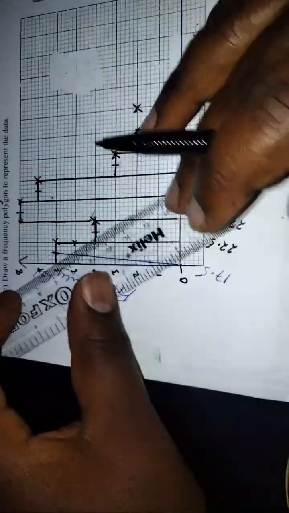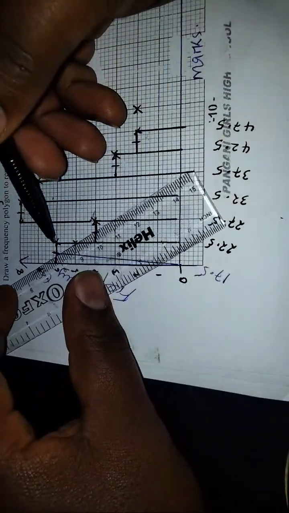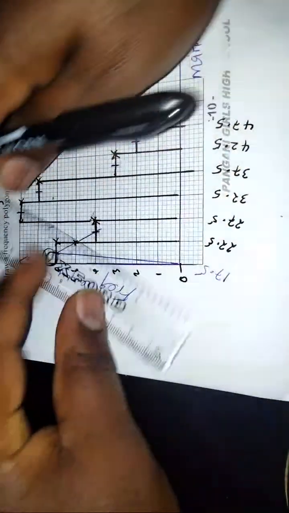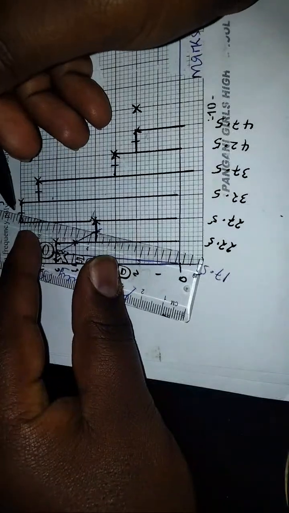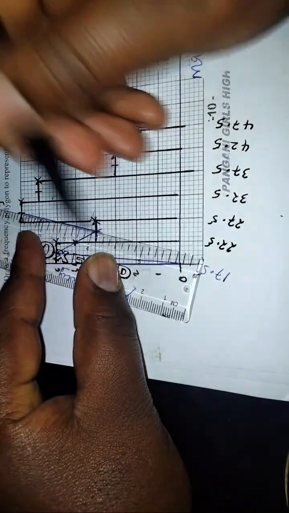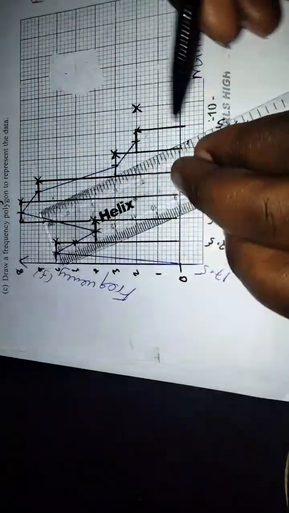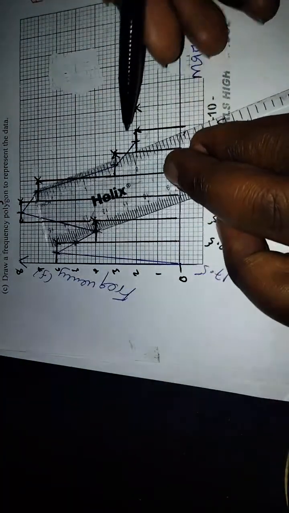Then we join all the other midpoints in that order, and the last one should be dropped to the last upper boundary.